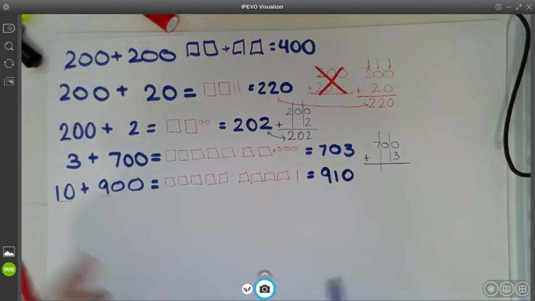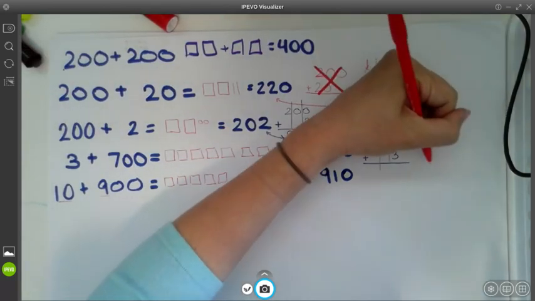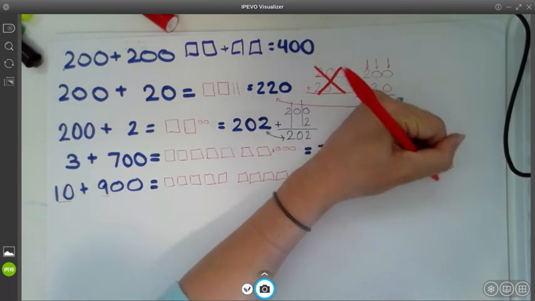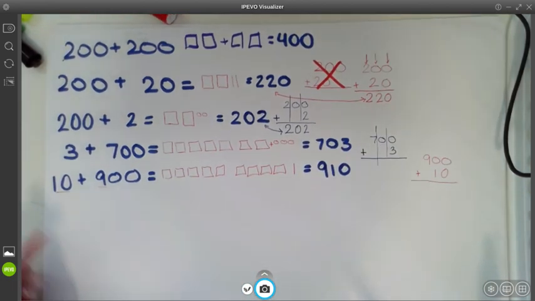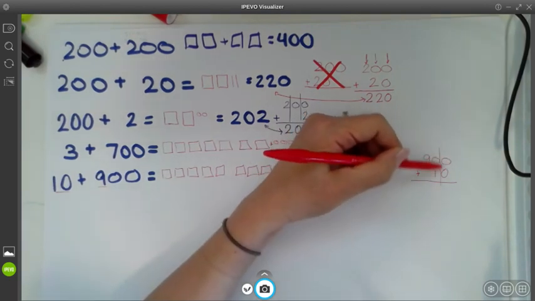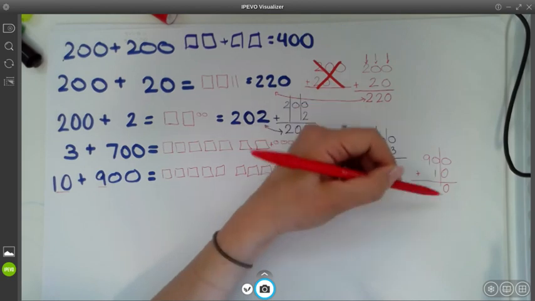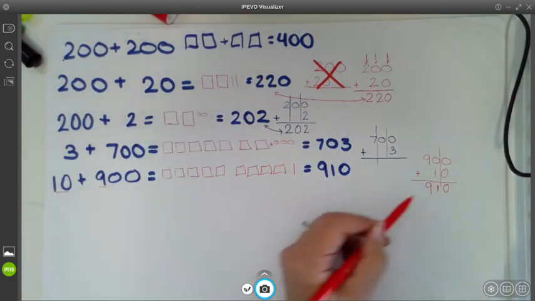To show that in vertical form, 900. I ensure that my 10 is in that perfect place value space, and then I can do my vertical addition. 0 plus 0 is 0. 0 plus 1 is 1. 9 plus nothing is 9. 910.